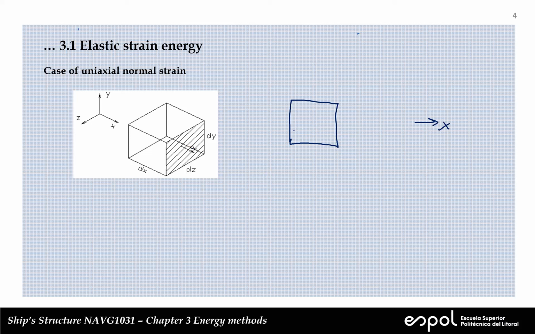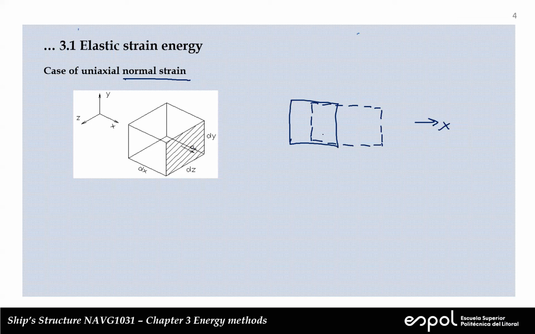Now, after we apply forces, we consider only the deformation in the X direction. Since we are only working with normal strain, as you can see in the title, there's going to be only elongation in the X direction. That's the only deformation that we are going to consider for this case. That means that this will be transformed into something like this. So it elongates, and we are going to assume that the elongation is positive.